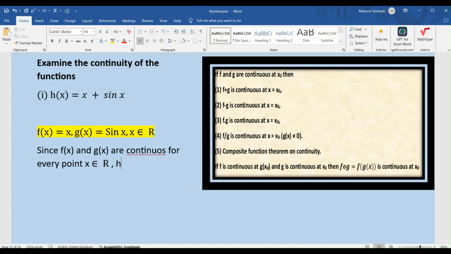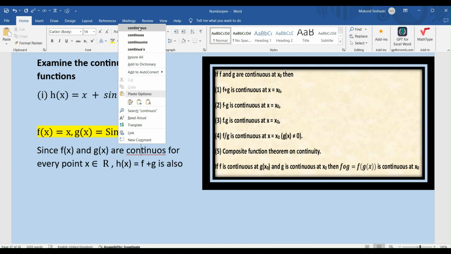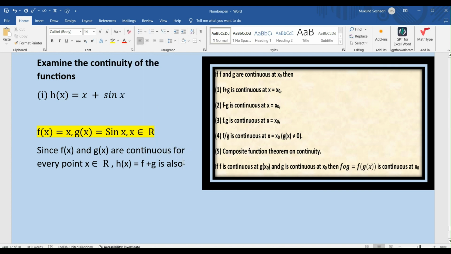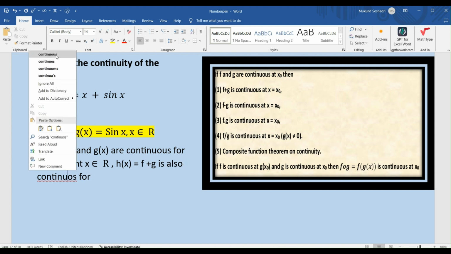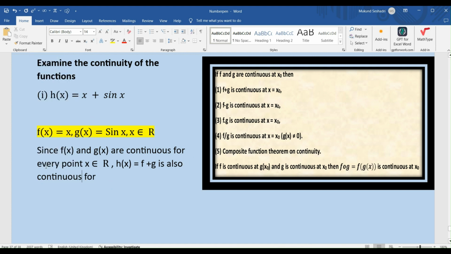And h of x equals f plus g is also continuous for every point x belonging to R, right? So that's how we go about solving these problems.